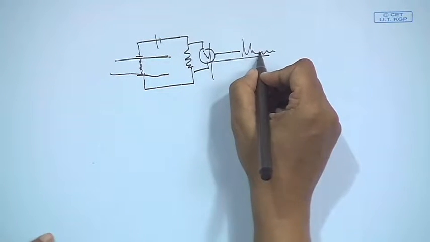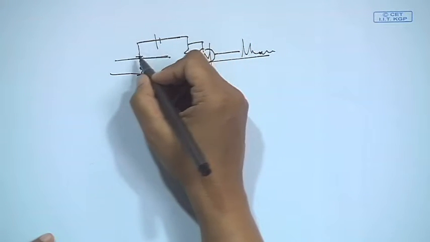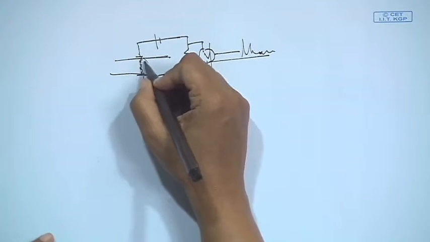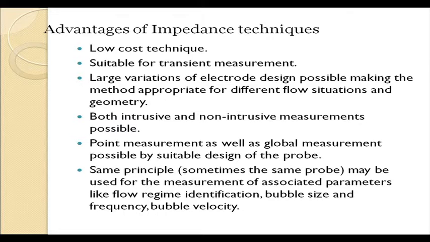This gives us an idea about the current, which is a function of the composition of the two-phase mixture. So it is quite suitable for transient measurements, and as I have already said, large variations of electrode design are possible. Usually it can be intrusive, and it can be non-intrusive as well.